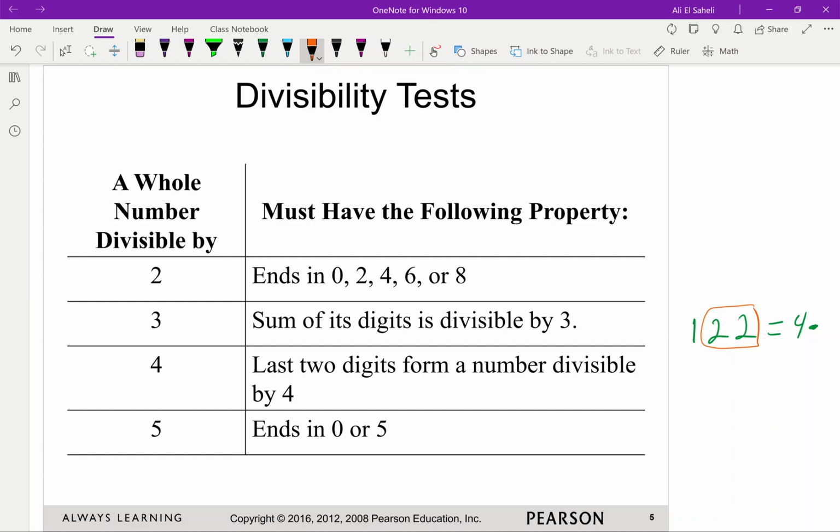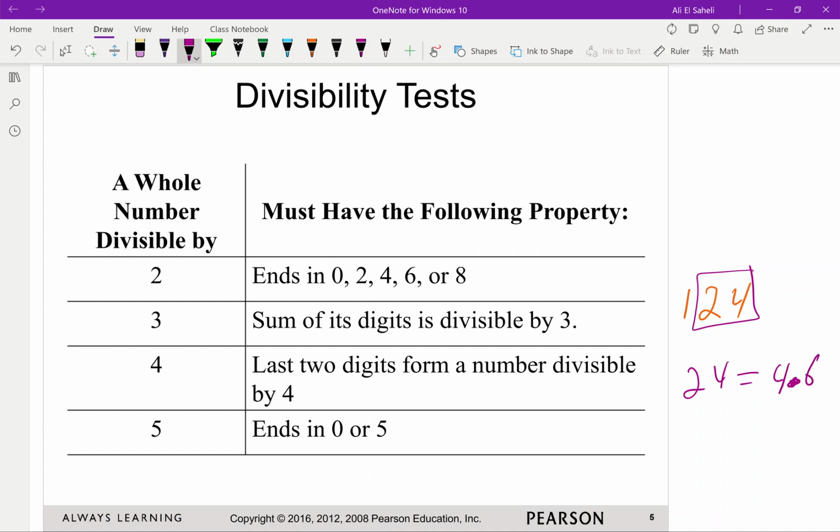The last two digits are 24. 24 equals 4 times 6.